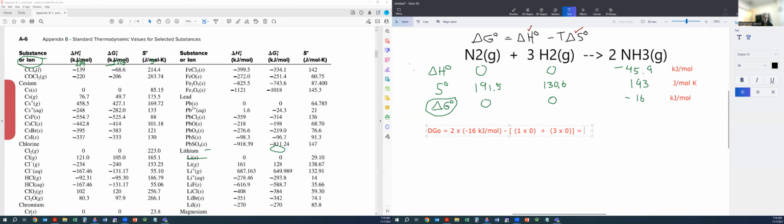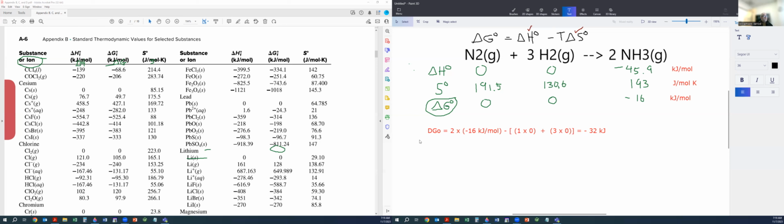So I'm going to get negative 32 kilojoules per mole, or negative 32 kilojoules is my Gibbs free energy when I calculate it that way. When I do the delta H and delta S, I should get very similar to the same number. And we're assuming a temperature of 298 Kelvin.